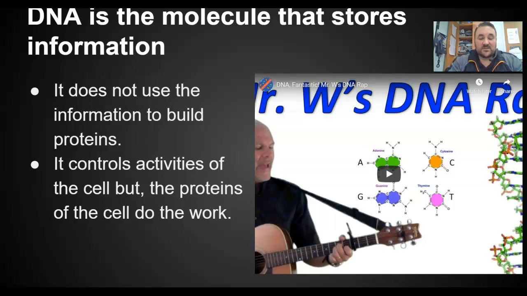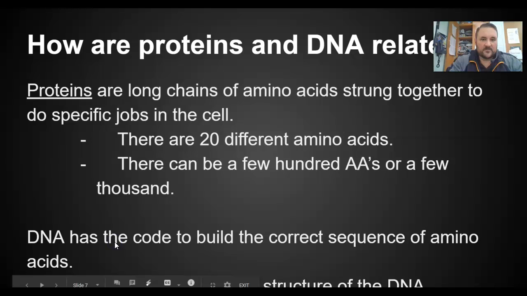It can't actually do anything with the information. The information has to be read from the DNA and run by proteins and other things. But the DNA is where all of this super valuable information is. That DNA has the information to start genes, to stop genes, to do all kinds of things. Everything is controlled in the DNA.